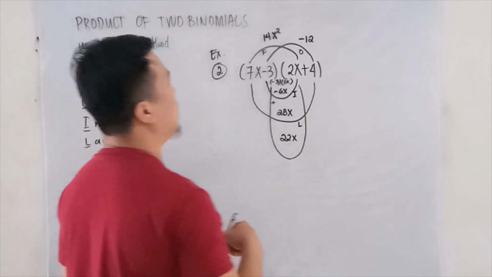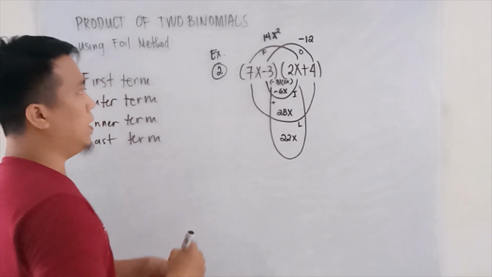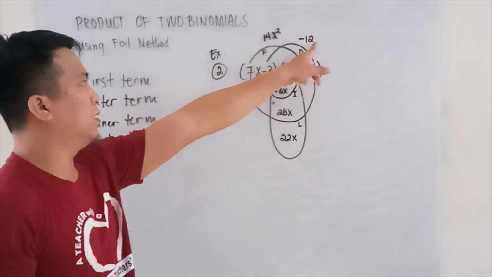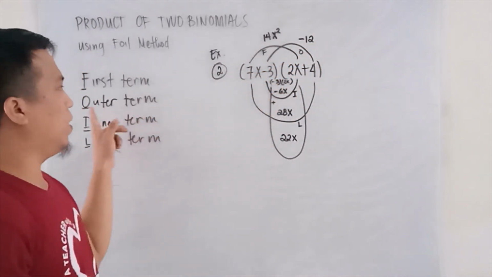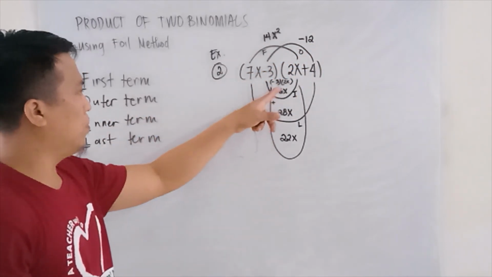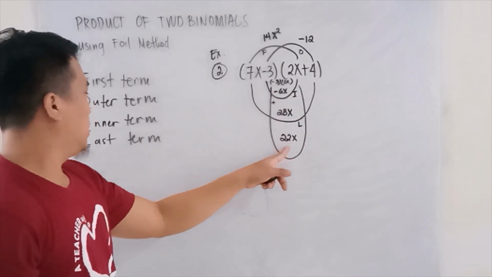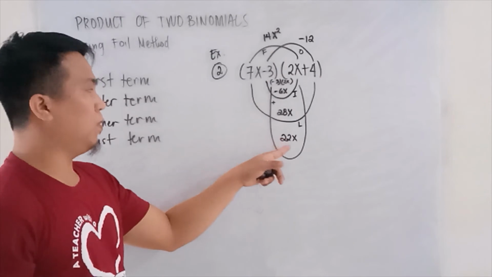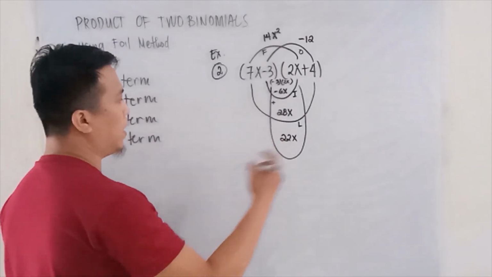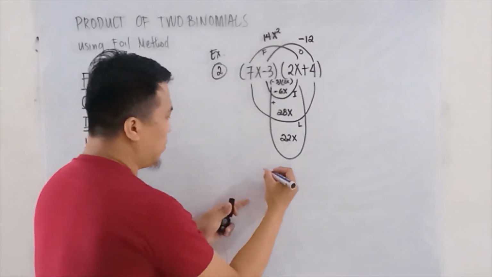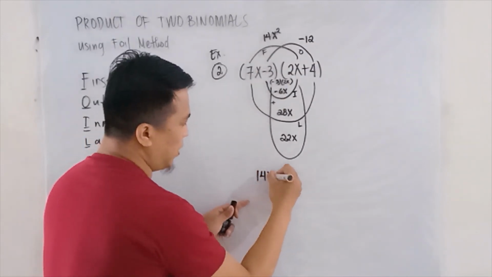So since we have 14x squared for the product of the first term, negative 12 for the product of the outer term, and on the combined term of the inner and the last term, which is 22x, as the middle term, this is the arrangement, just like our previous example. So we're going to recopy the 14x squared here.